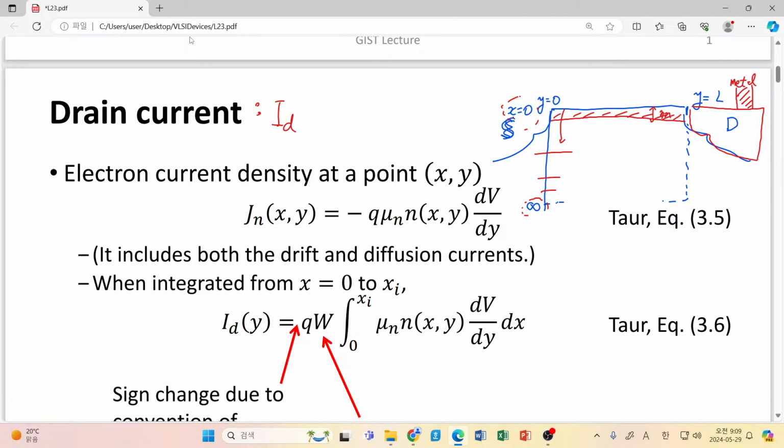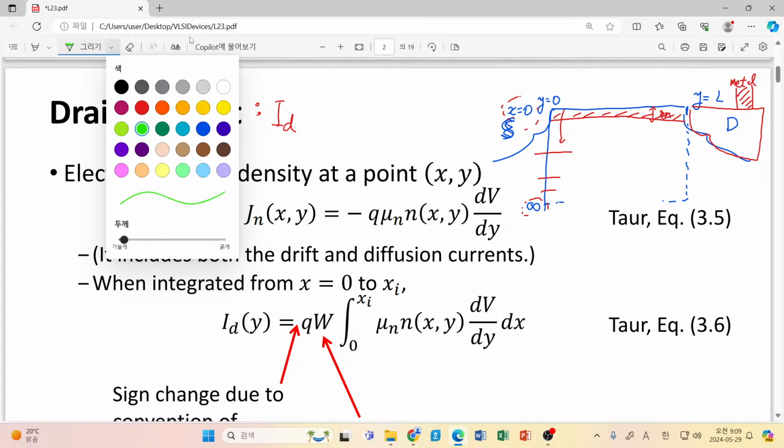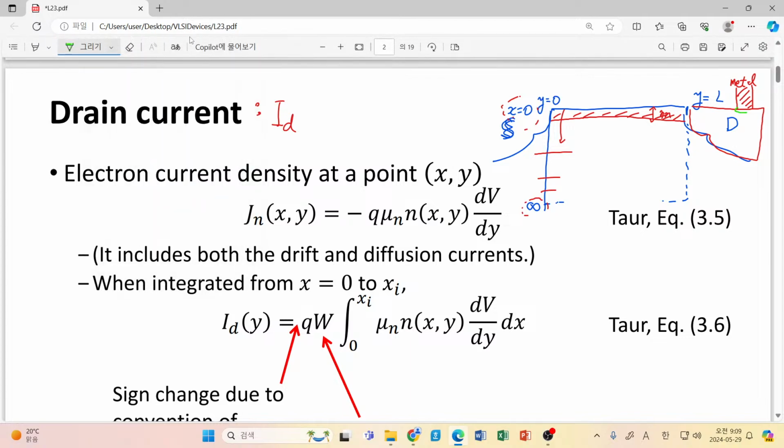This metal is attached to our highly doped silicon region, so we have a metal-silicon interface. This corresponds to a contact, the drain contact. And when we say drain current, actually what we have to do is just this.